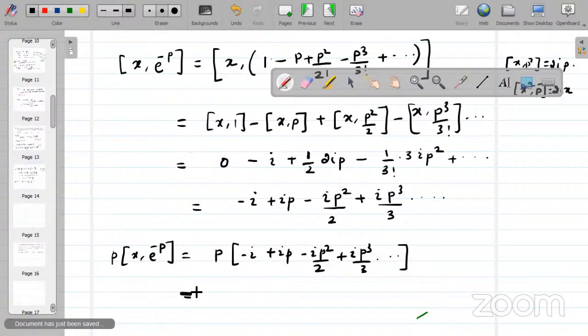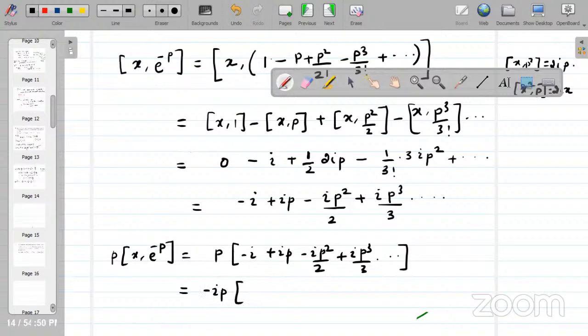Now what you do, you take a minus i common, or maybe you can include the minus ip.